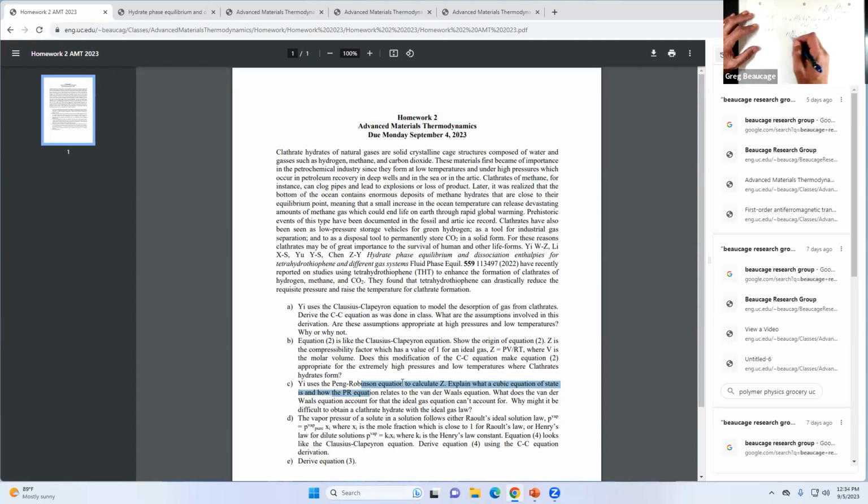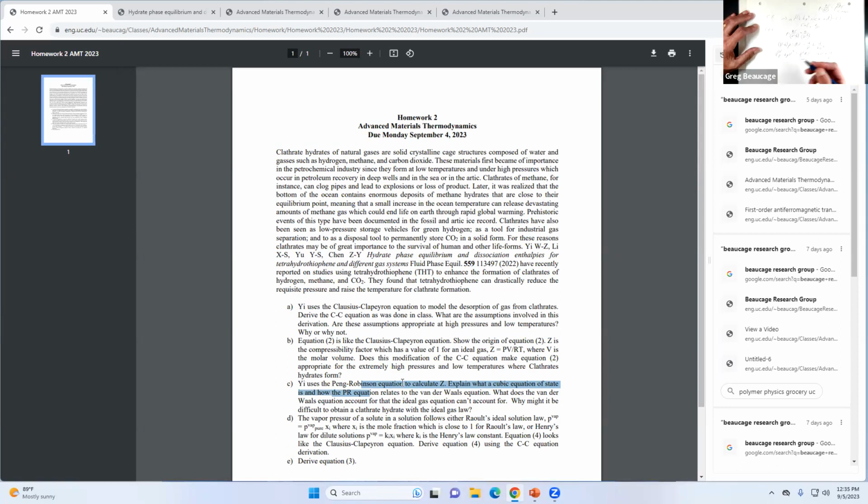How's that cubic? You multiply everything by V minus B, so you have V minus B times P is RT minus A over V plus A B over V squared. Then you multiply everything by V squared, and you have V cubed times P minus B squared equals V squared RT minus AV plus AB.